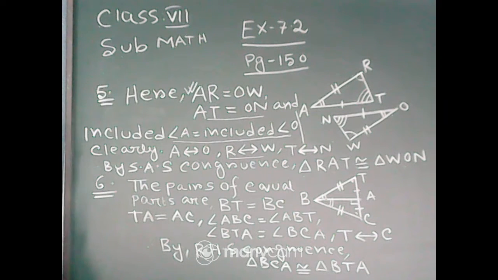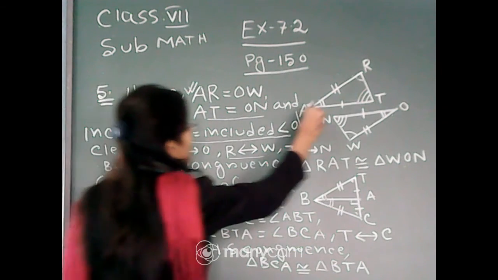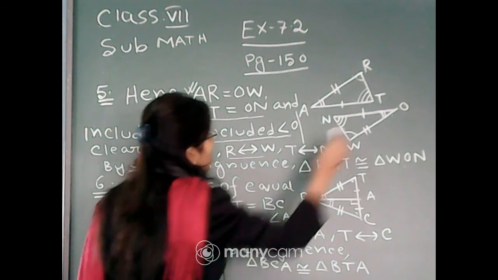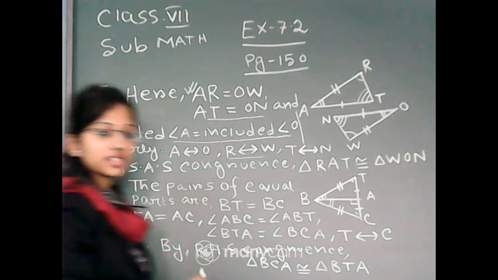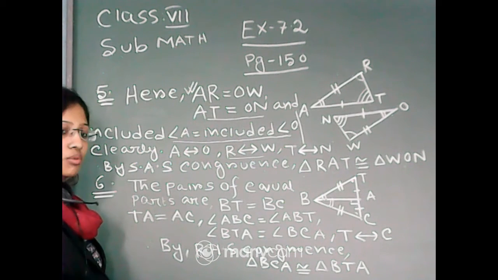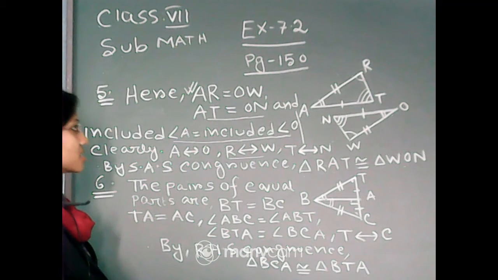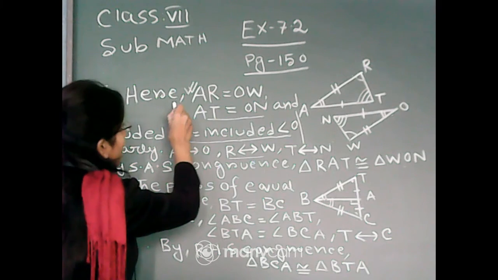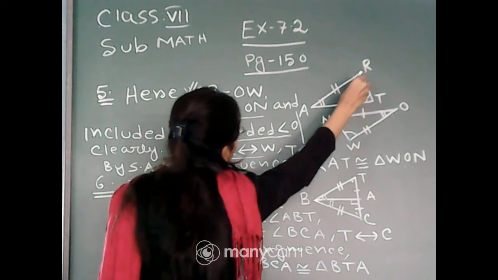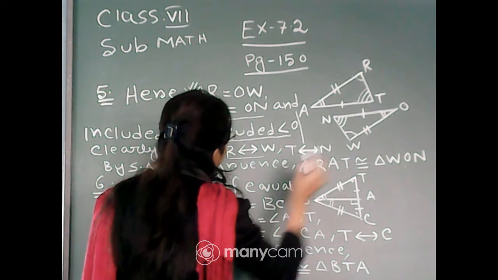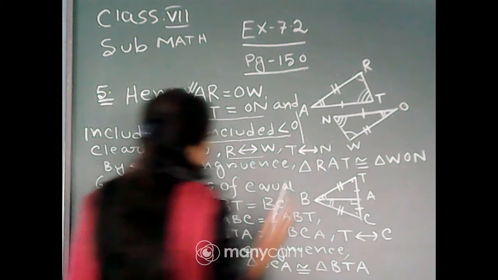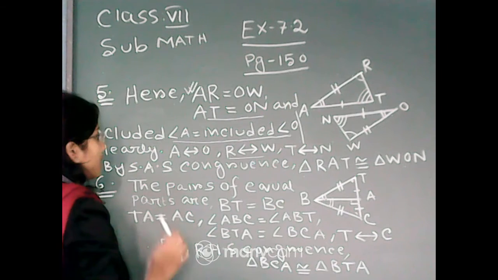Again I repeat, here ART and WON are two triangles and they are congruent, and the corresponding parts are marked. We see that side AR of the triangle ART is equal to side OW of the triangle WON.